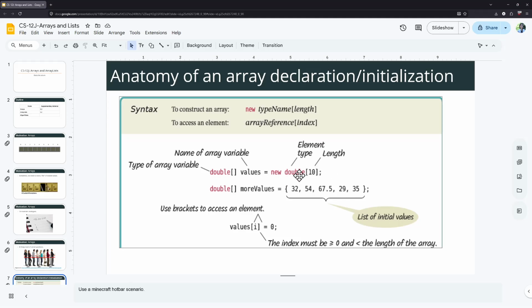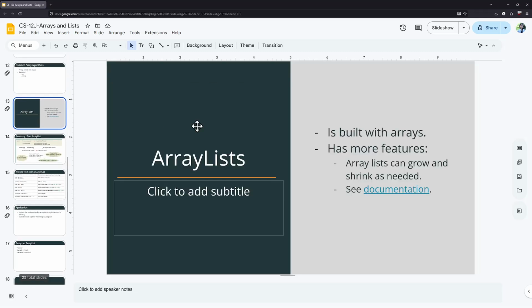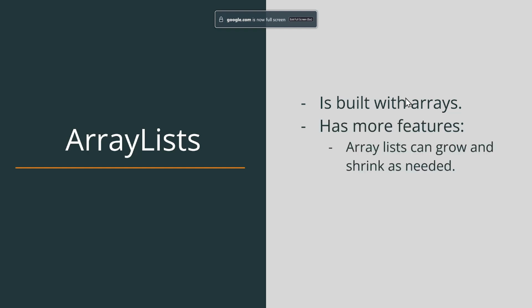You can't really resize a primitive array. One of the only ways you can do it is by creating another array of double size and then copying everything over. So it is possible to resize it, but it's not really resizing. It's creating another array. But with array lists, it has the ability to shrink and grow. And it's got tons of other features too.